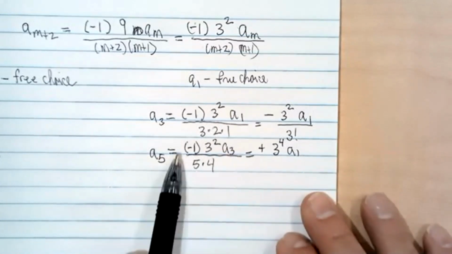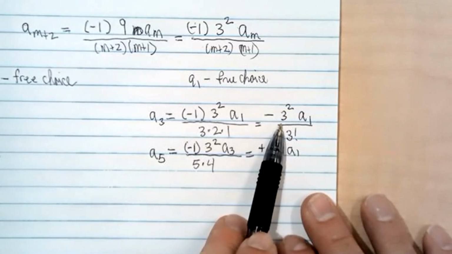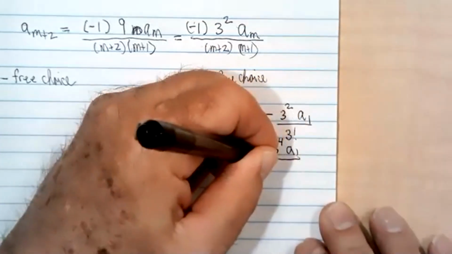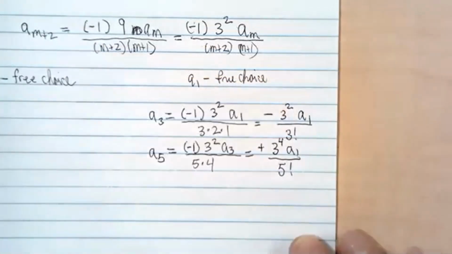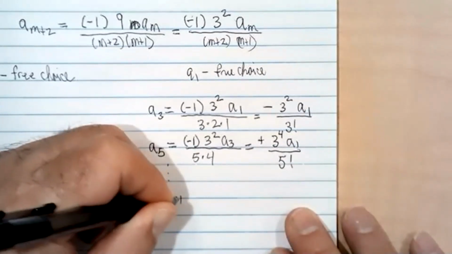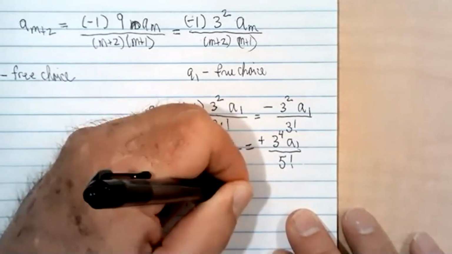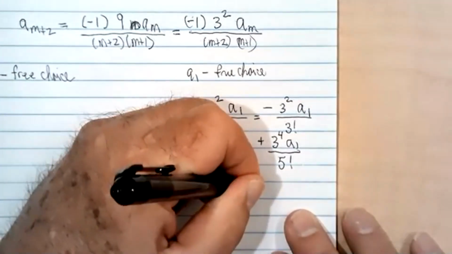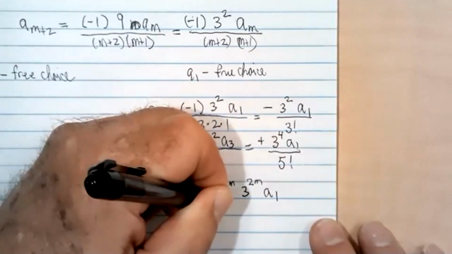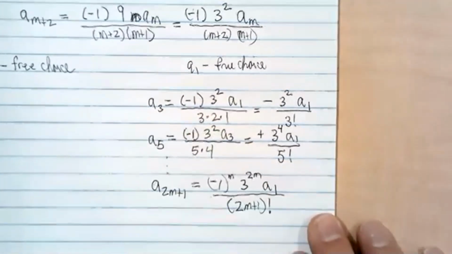So we lost the minus, picked up 2 more factors of 3. Then we have 5 times 4 times 3 factorial is 5 factorial. Now, at this point, it's looking like we're generating this pattern: A2m plus 1 is equal to minus 1 to the m, 3 to the 2m, A1 over 2m plus 1 factorial.